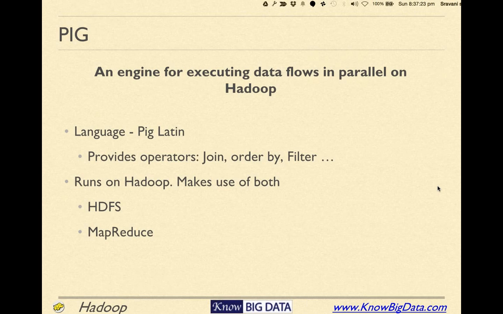Pig provides you a language called Pig Latin, and Pig Latin has operators like SQL where you can join two data sets. Joining two data sets means doing the intersection, the way we were doing intersection in our vote count problem. Those kinds of things can be done very easily by a single line of script, instead of writing so much code. You must have realized by now that in Hadoop you have to write a lot of code. Here you don't have to.